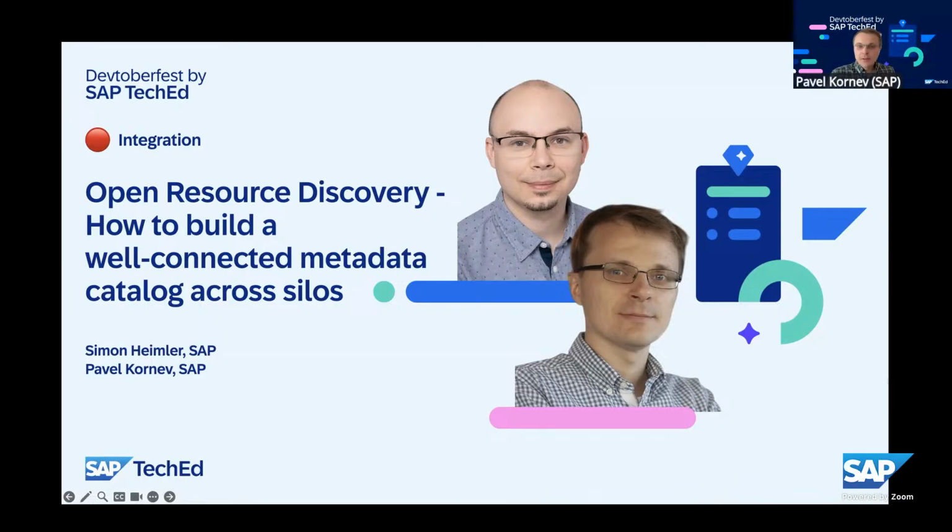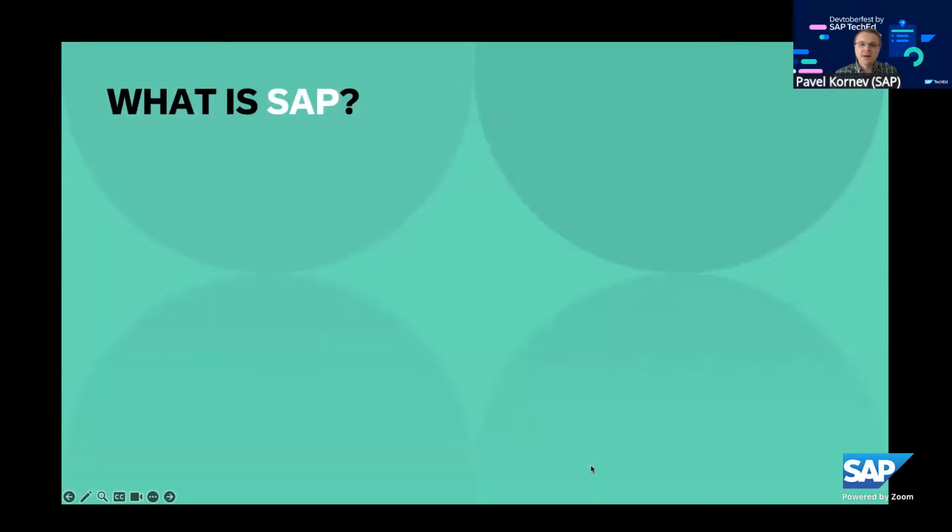And today we would like to talk about how we build well-connected metadata catalogs across silos at SAP. But before we start, I would like to give you some idea what SAP is. I mean, everyone knows what SAP is because it's the Oktoberfest from SAP, but still we want to give you some numbers. So the idea behind SAP is that it helps big companies to run better.